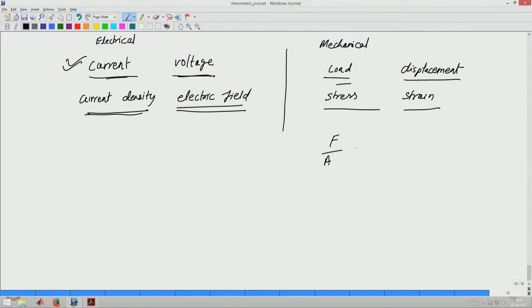Just the way modulus is a material property, but load by displacement will depend on what cross sectional area I use, because let us say F by A will be equal to the Young's modulus, which we denote by E, into the displacement divided by original length, right. So, displacement divided by original length, this is how stress versus strain is, right.